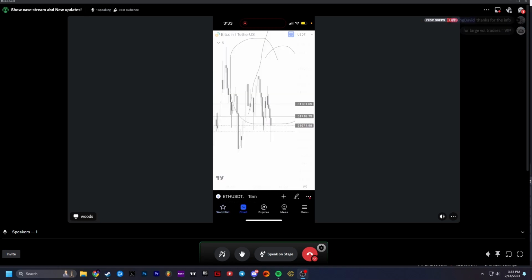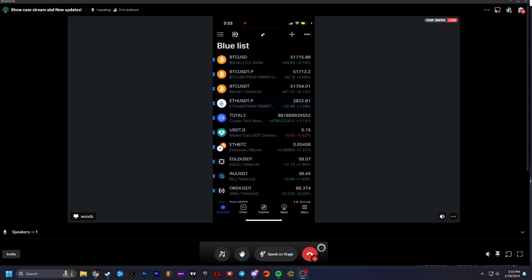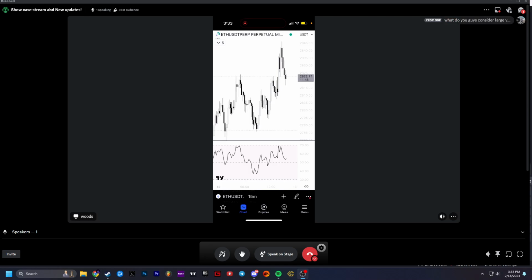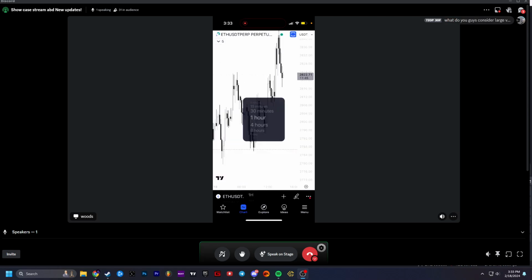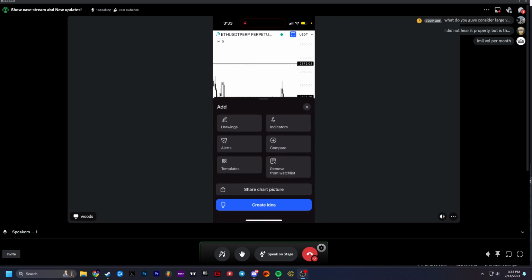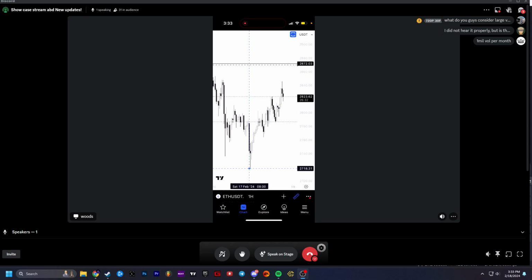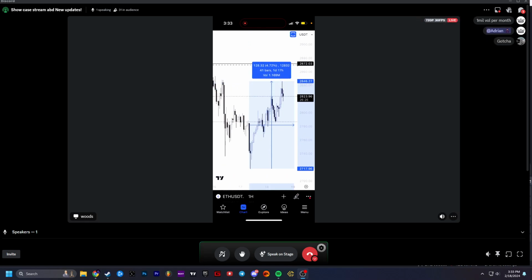My ETH chart doesn't want to load. So ETH yesterday in the morning came down to 2718 on the money. So pico bottom entry for ETH. Bam. Pico bottom.